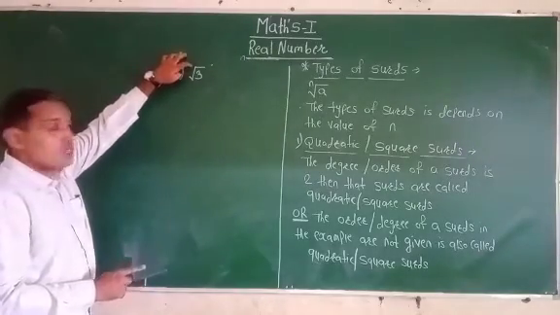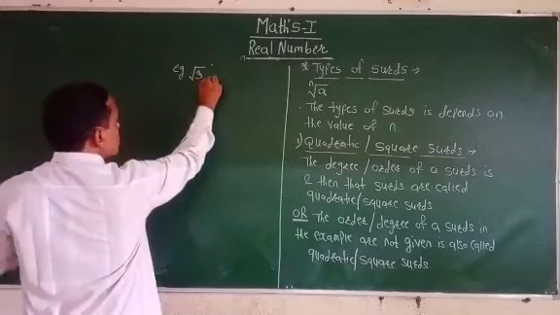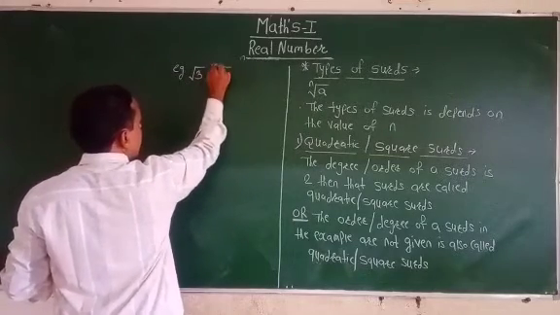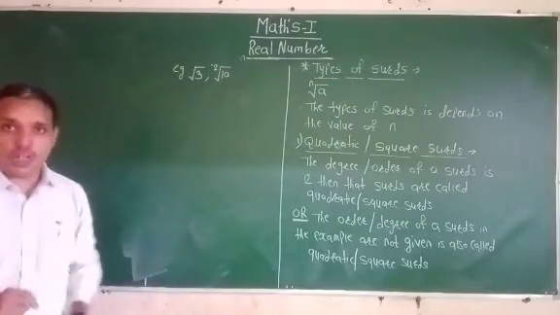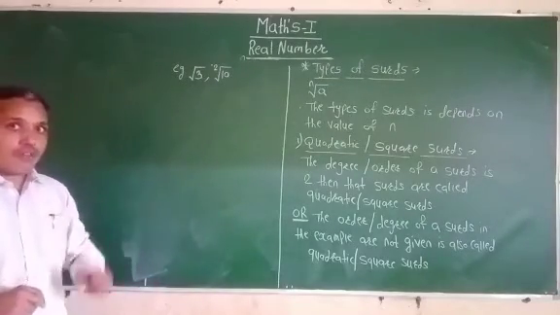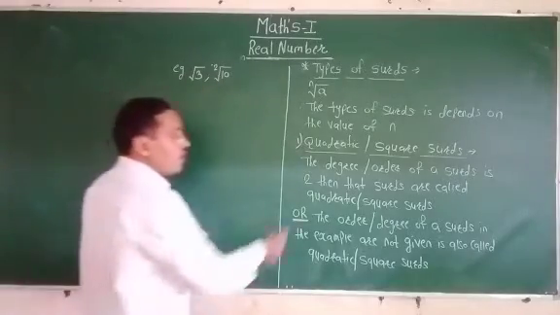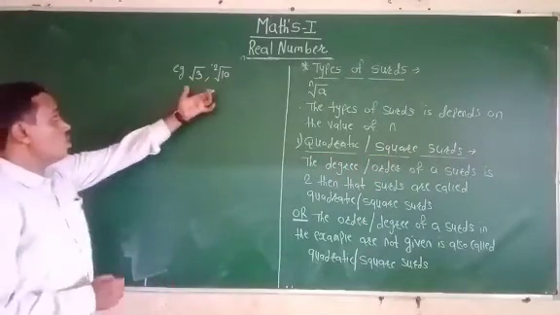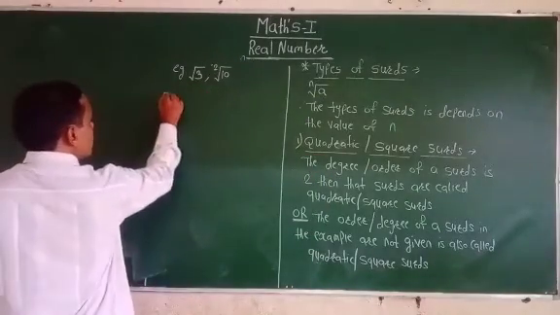That is why this surd is called a quadratic surd. Then another one, the square root of 10, where the order 2 is given. If the order 2 is given, then we also call it a quadratic or square surd. So all these are different examples of quadratic or square surds.